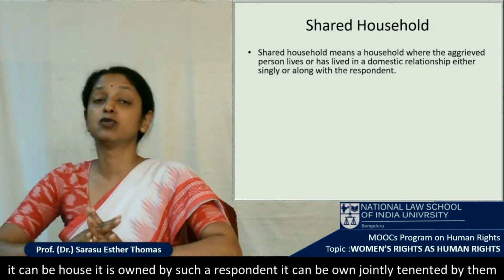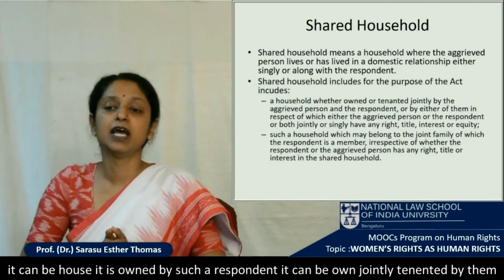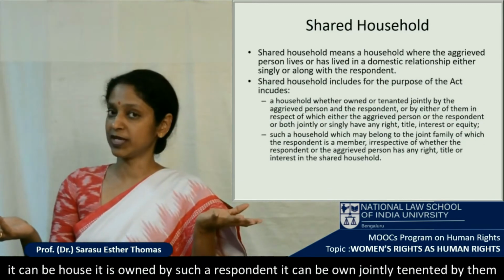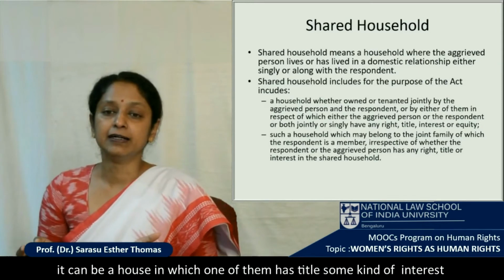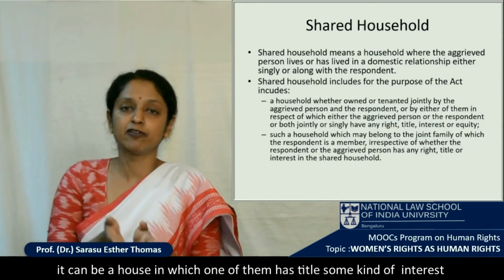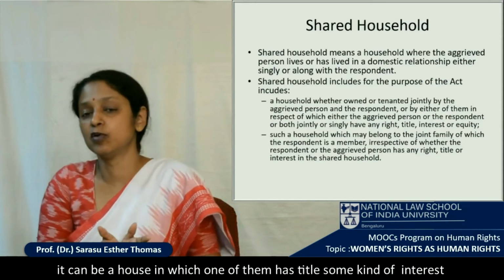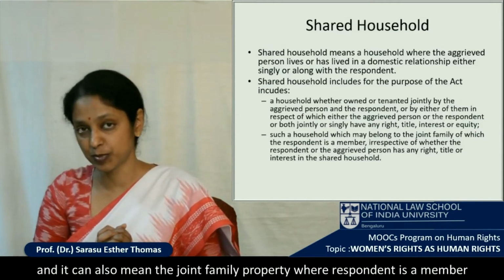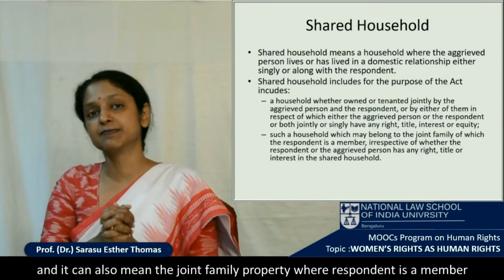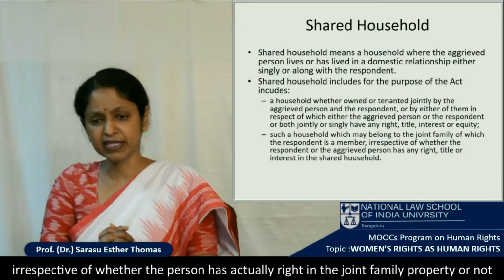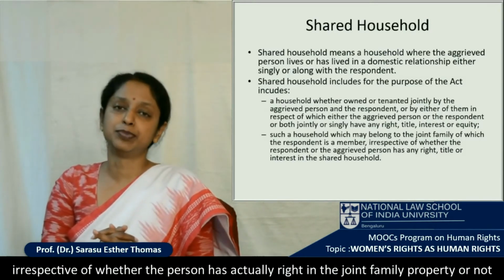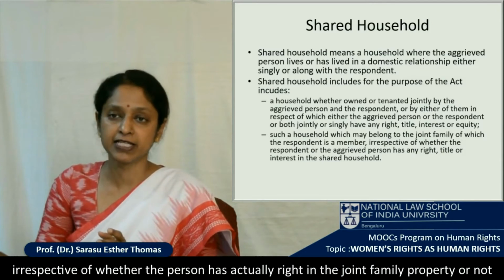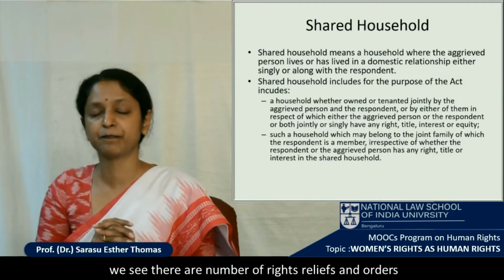So it can be a house that is owned by such a respondent. It can be a house jointly tenanted by them. It can be a house in which one of them has a title or some kind of an interest. It can also mean the joint family property where the respondent is a member, irrespective of whether the person actually has a right in the joint family property or not.